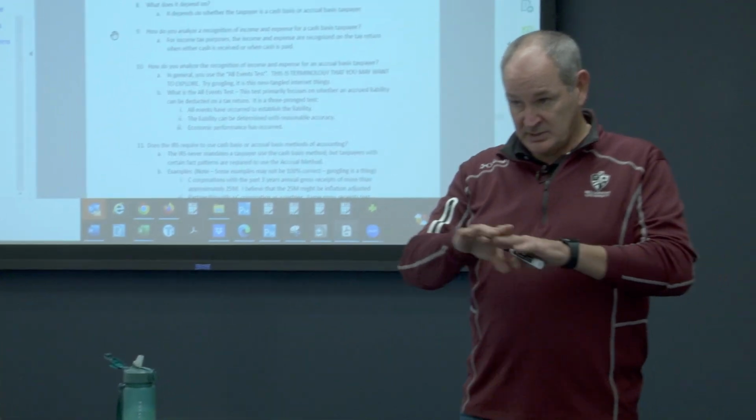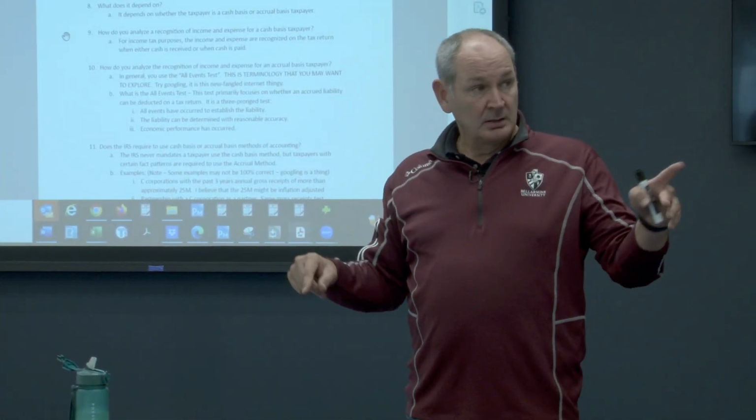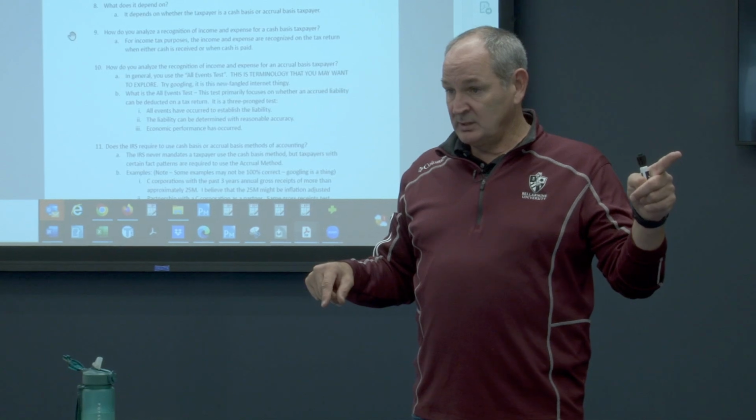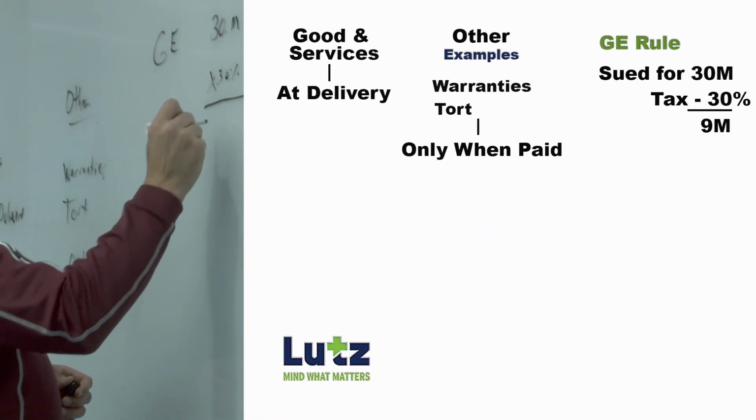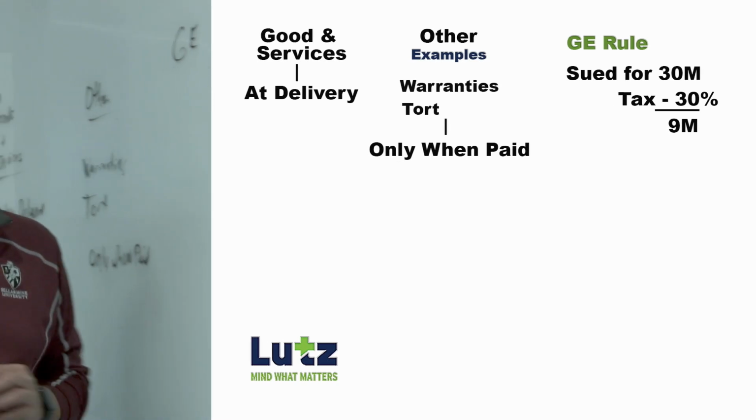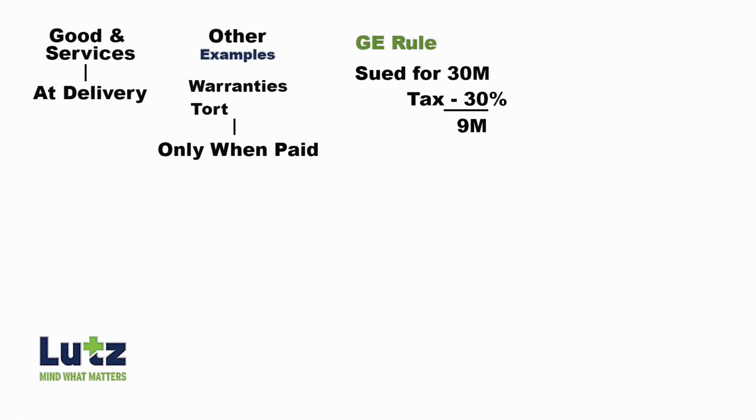So if that's where we stopped, that would be a deduction for GE, okay? And if their tax rate's 30%, that is $9 million of tax savings, correct? So if the only two things that existed were the first two prongs, GE could get a $30 million deduction, and that $30 million deduction saves them $9 million of tax.